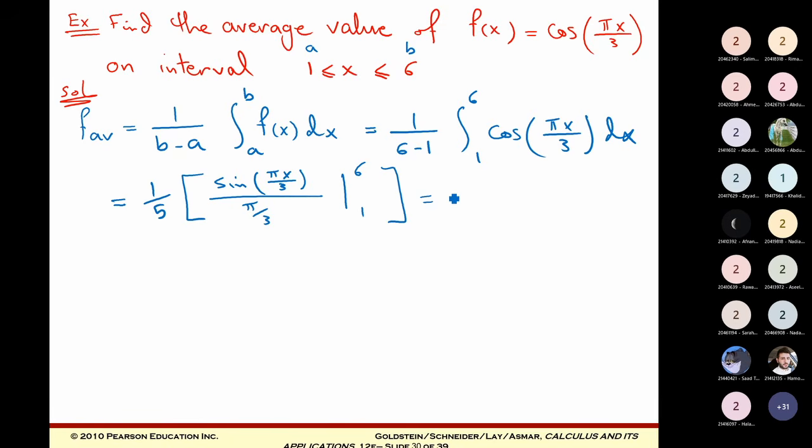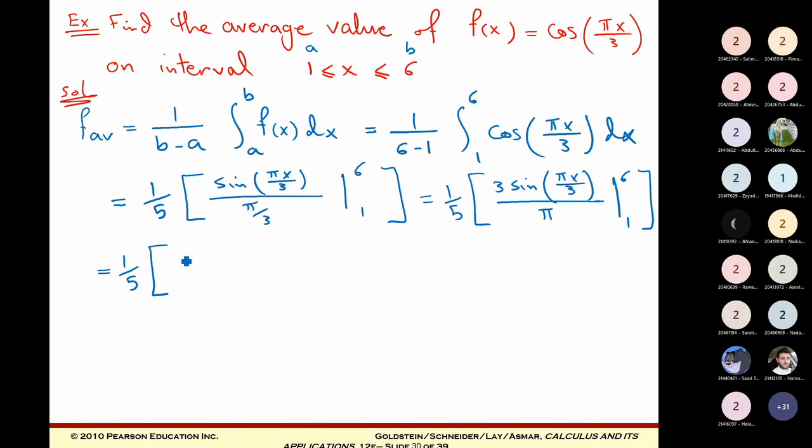Now, after simplifying, 1 over 5 multiplied by 3 sine pi x over 3, over pi, from 1 to 6.